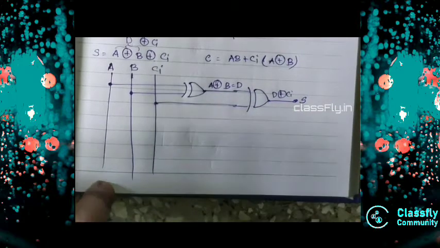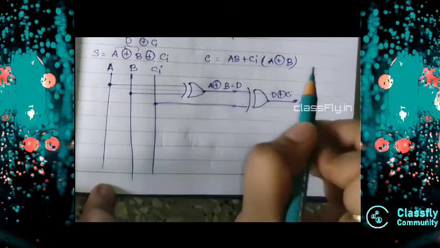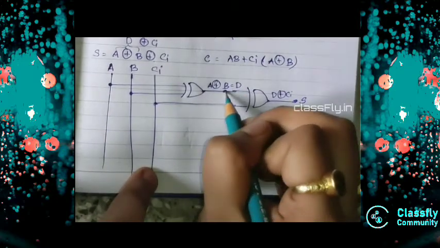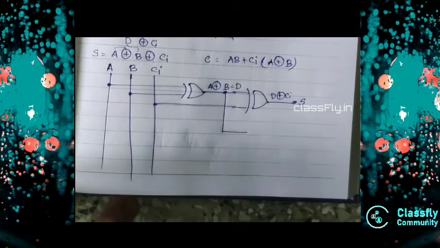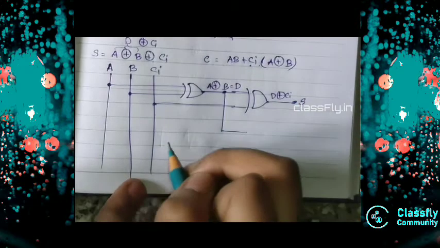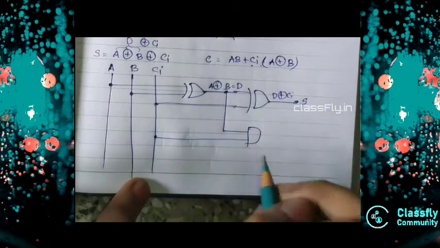I got the sum. Now I will do for the carry. So first do the A XOR B. So I take here from here A XOR B. With this I will do Ci. As it is a product, that means it is AND. So I will do an AND operation here.